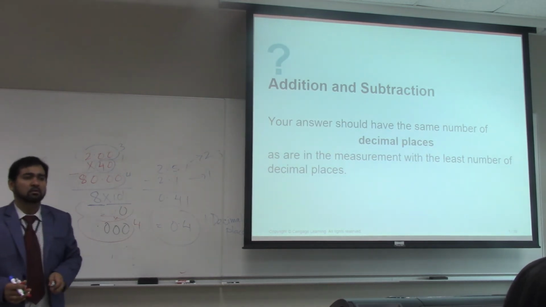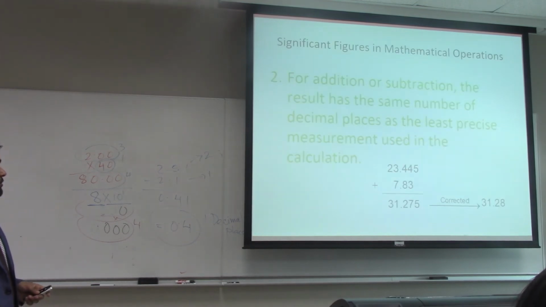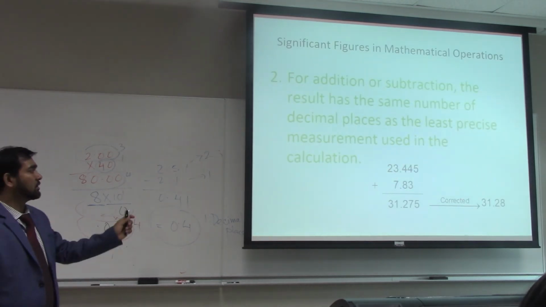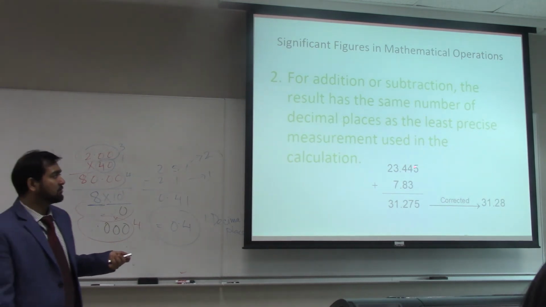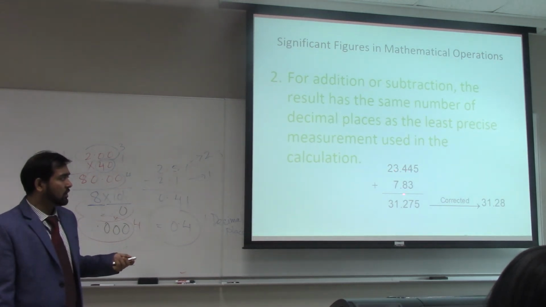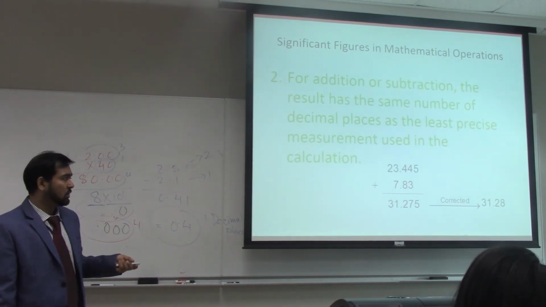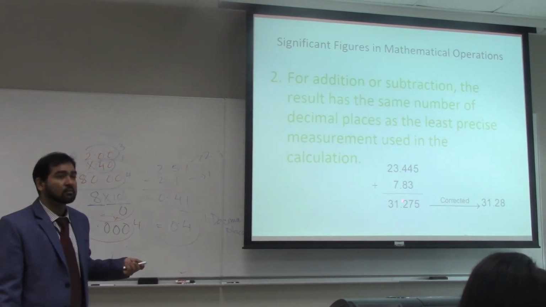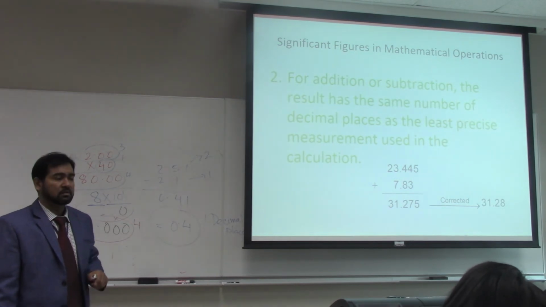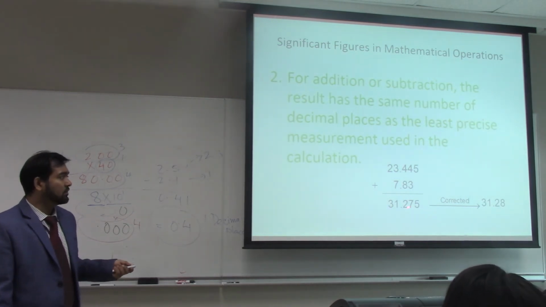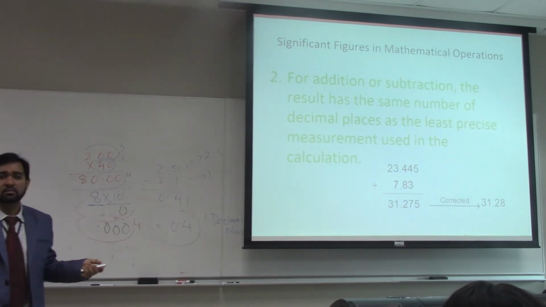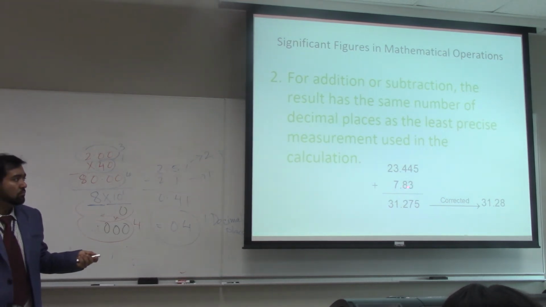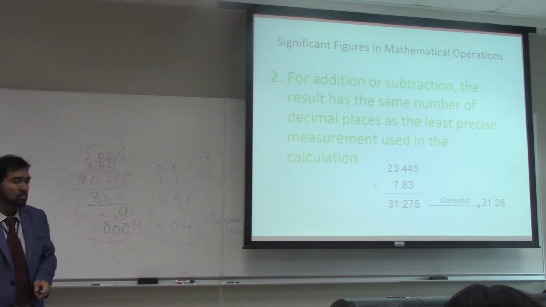Right? So let me give you some problems. For instance, look at one more example. You're adding up. How many decimal places does the first one have? 3. How about the second one? 2. So finally you got this answer on the calculator, or you solve it manually, but you cannot keep 3 decimal places. Why? Because the question has a minimum of 2 decimal places. That's what you keep, 2 decimal places.